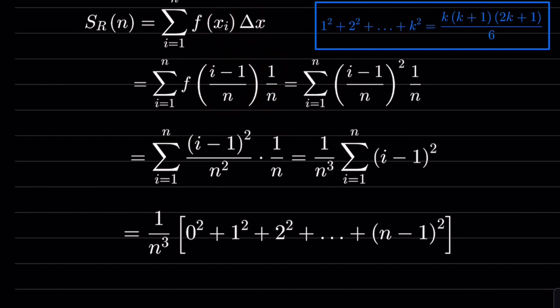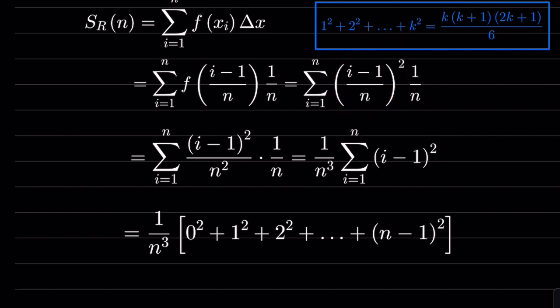You substitute here, and we know what f is. f is x squared, and f of i minus 1 over n is simply i minus 1 over n squared, because the function f just squares whatever you give it. f of x is x squared.